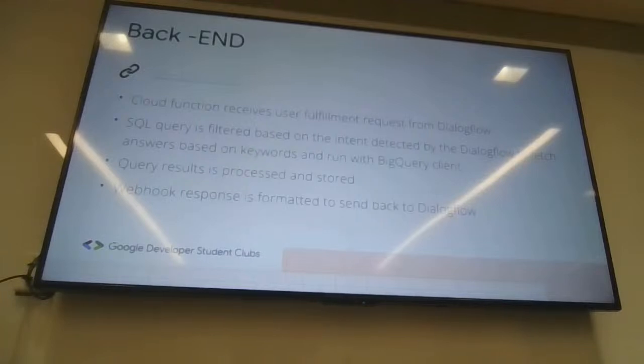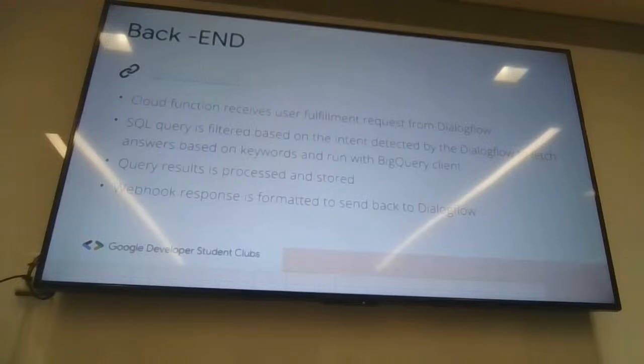And then talking about the backend. Once we get the intents from the cloud function, based on the intent we get from the user, the corresponding SQL query is going to run in the backend, which the cloud function runs. Based on that, we'll get the responses from BigQuery. We have a database which is full of FAQ questions and answers.